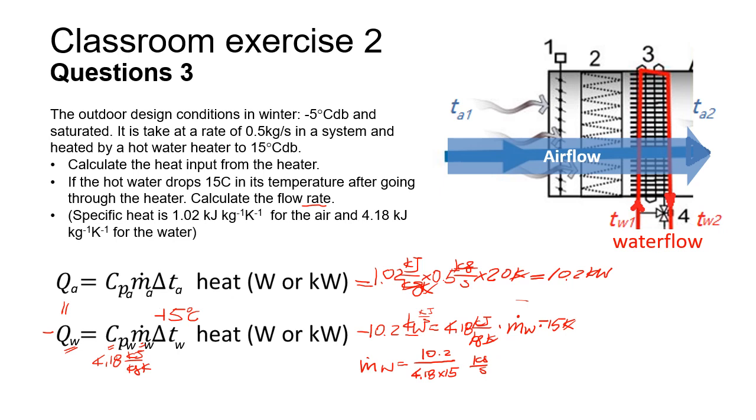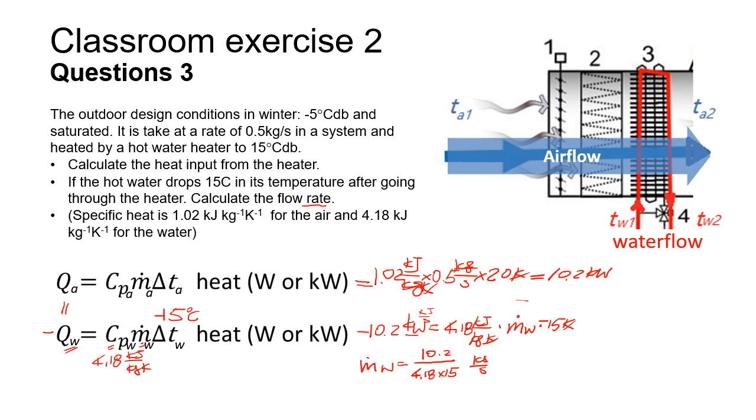Okay, so what we see here is that the sensible heat gained by one medium in contact with another in the heat exchange will be the heat lost by the other flow. Here, the air gain will be the water loss, because these two flows actually meet each other at the heating coil.